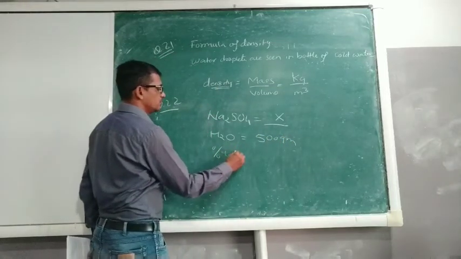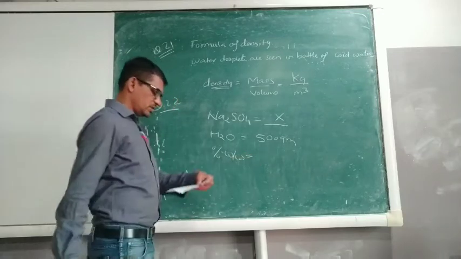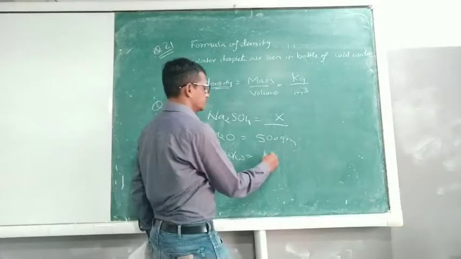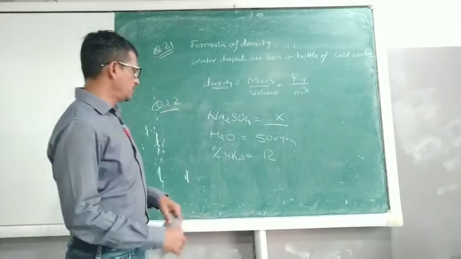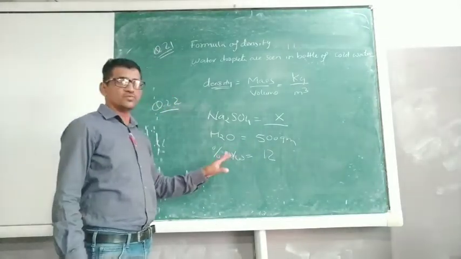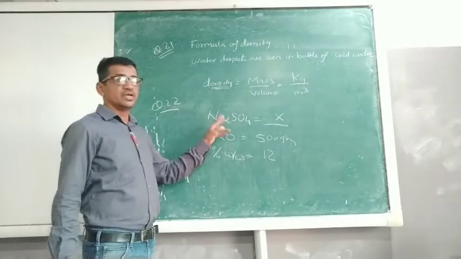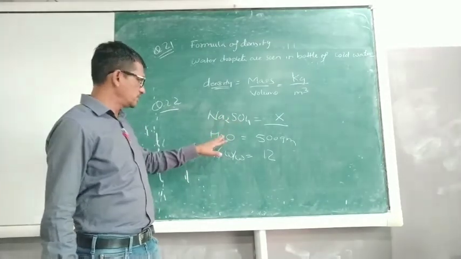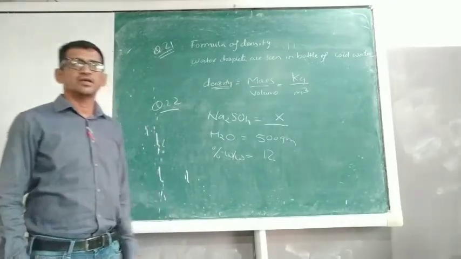Mass percentage means weight by weight. It is given 12. We want to find, if the concentration is 12% weight by weight, then how many grams of sodium sulfate is added in 500 grams of water.